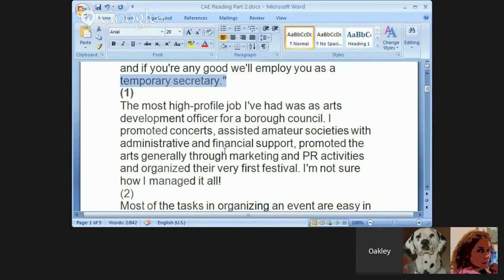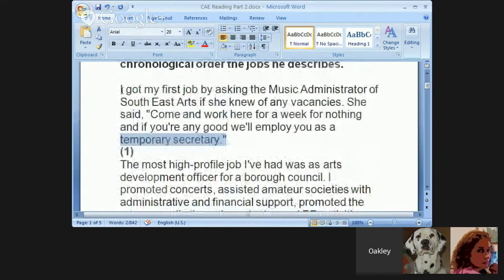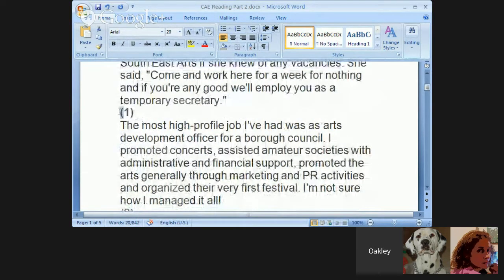A trick I learned here, for example: the first sentence, he's talking about an experience. This is the beginning of the article. Probably, I don't know the options, but number 1 probably won't have too much to do with the first, and then he's talking in general.